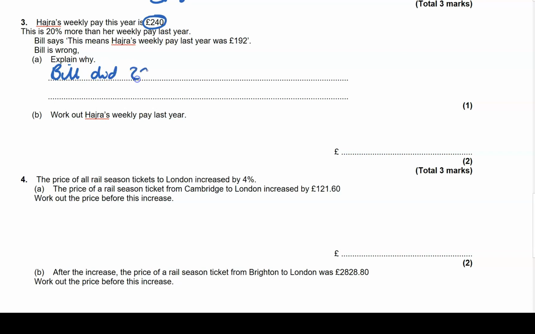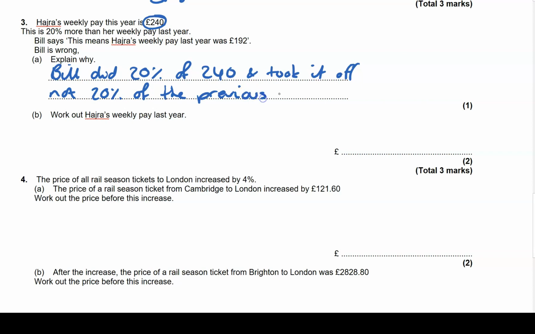Bill did 20% of 240 and took it off, not 20% of the previous year's pay. They'll just be looking for some indication that you know he's done it off of the wrong one, basically. So what was it?